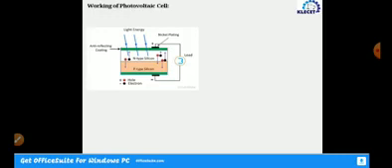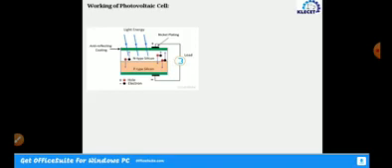Now we'll go for the working of the photovoltaic cell. Here I have shown a diagram. I can't zoom it, but I'll tell you about the green layer, which involves a metallic grid. Below that is a very thin layer, a wafer of silicon, coated with an anti-reflective layer. We use titanium dioxide as the anti-reflective layer, which enhances the intensity of the light radiation.